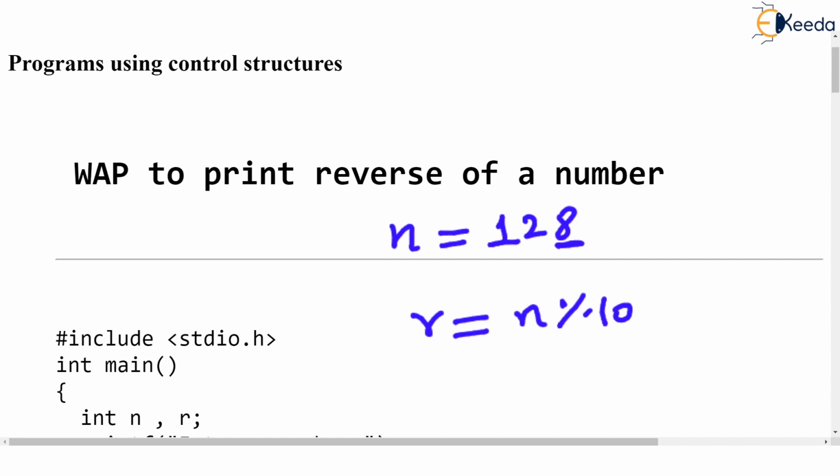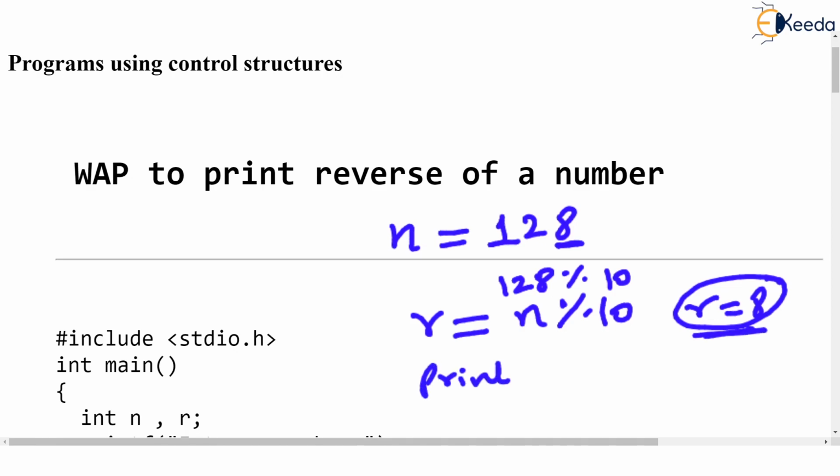Now, that means we are operating 128%10, and you know 128%10 is 8, last digit of 128, isn't it? So R is 8 here. Notice that we are successful in taking the last digit of the number n in the variable r. R is 8. So how about printing r?